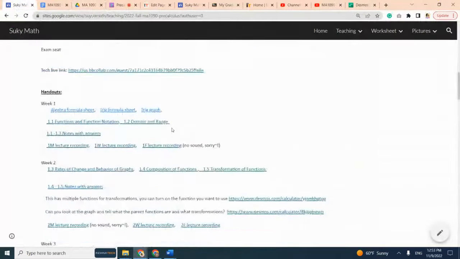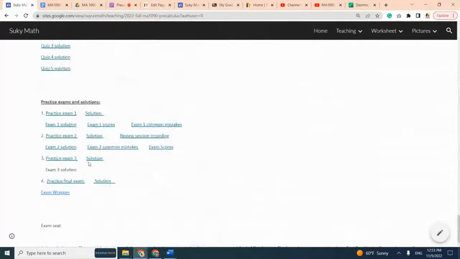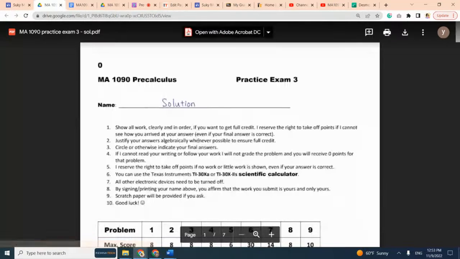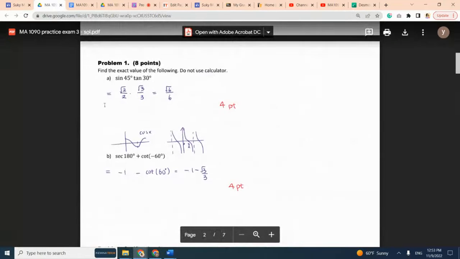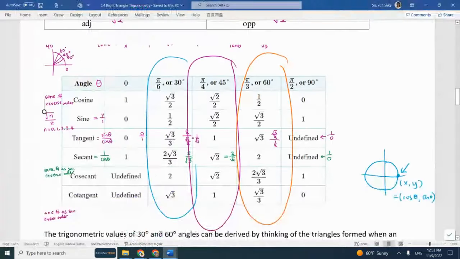If you use your calculator and get decimals, you won't get full points. This is practice exam 3, and you can see a lot of problems. Find exact values of the following. Do not use a calculator. So make sure you can memorize the values on the table.